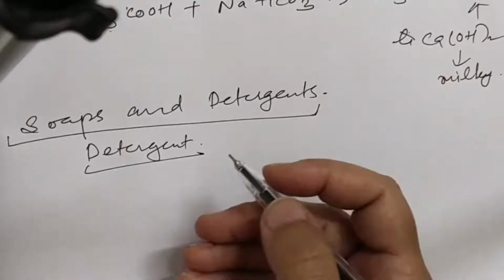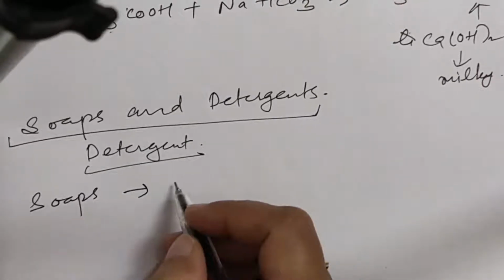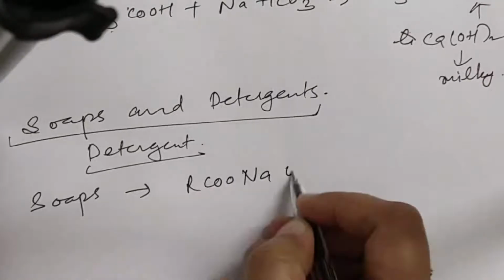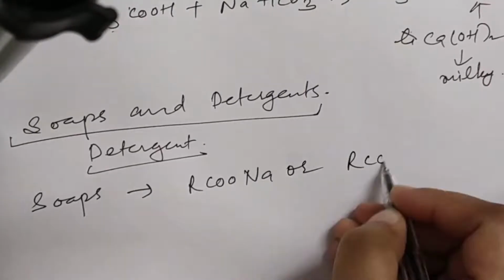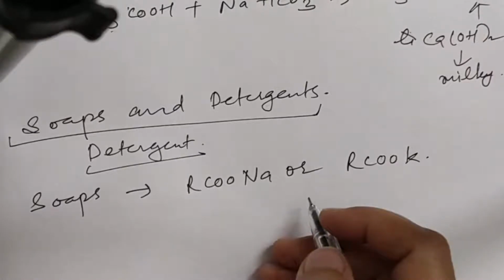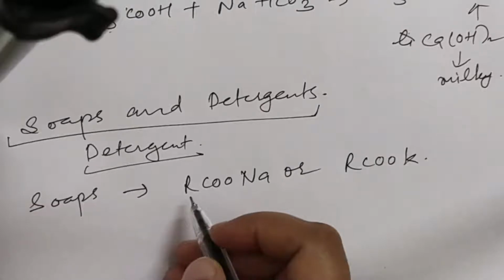Soaps are basically the sodium and potassium salts of carboxylic acids. Palmitic acid, oleic acid or stearic acid, you can take any value of R there, and these will be called soaps.